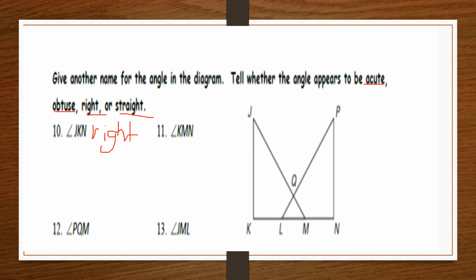Then we have K, M, N. So this is straight. And then P, Q, M. So this is obtuse. And then J, M, L. So this is acute.